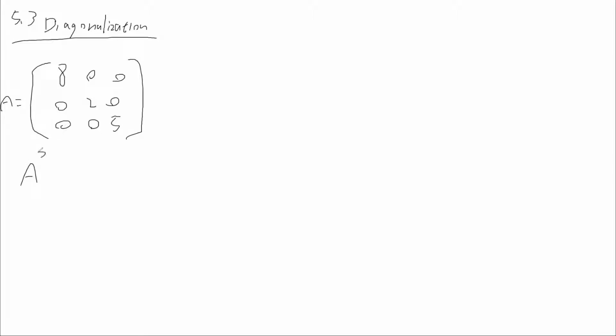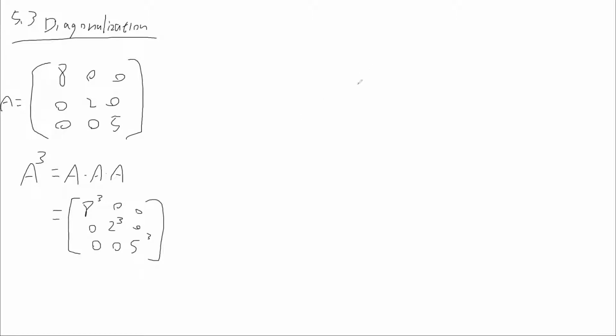Let's say I have A cubed, that means A times A times A. Usually matrix multiplication can take some time, but if you have a diagonal matrix, it's pretty easy to find the powers of the matrix. You just take all the diagonal entries and raise them to the same power, and everywhere else is still zero. That's it. Very easy. That's one of the nice things about diagonal matrices.